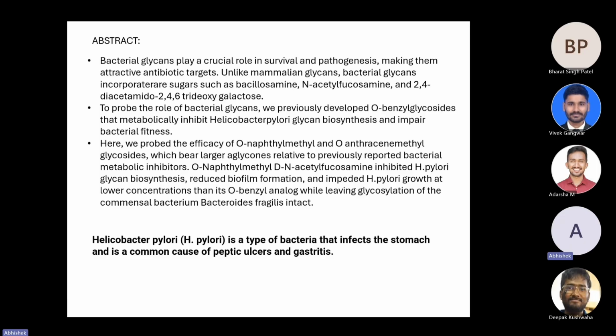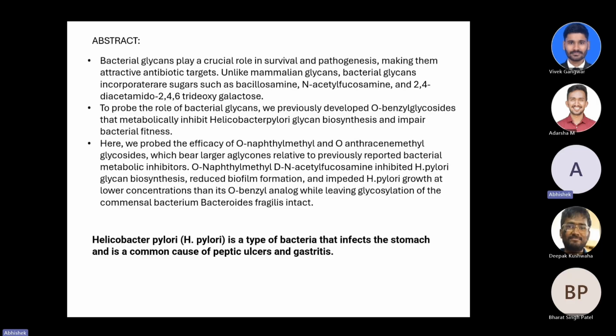Unlike mammalian glycans, bacterial glycans incorporate sugars such as bacillosamine, acetyl-fucosamine, and 2,4-diacetamido-2,4,6-trideoxygalactose. To probe the role of bacterial glycans, we previously developed O-benzyl glycosides that metabolically inhibit Helicobacter pylori glycan biosynthesis and impair bacterial fitness.